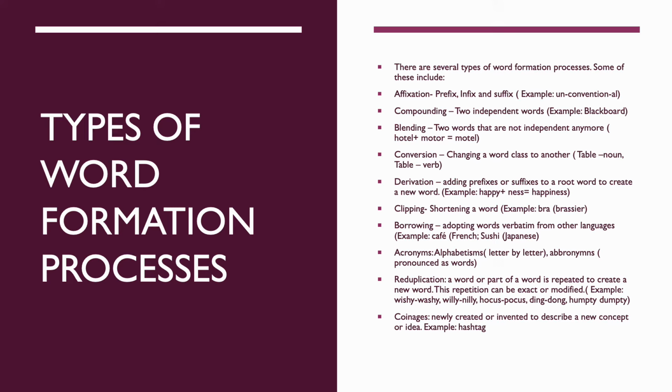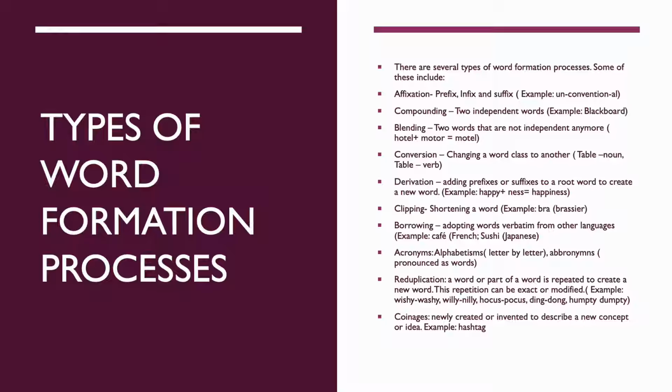Then you have reduplication. In reduplication, a word or part of a word is repeated to create a new word. This repetition can be exact or modified. For instance, you have words such as willy-nilly, wishy-washy, hocus-pocus, ding-dong, Humpty-Dumpty, and so on and so forth.